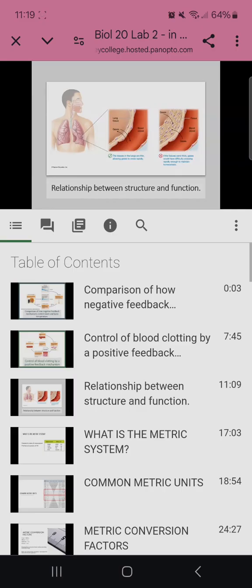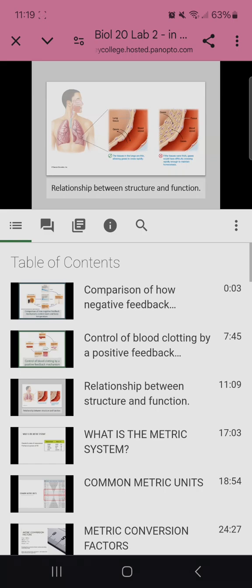But imagine if this tissue was made up of many layers, stratified, a thick layer, right? You can see from the image, it's trying to show us how the gas exchange is not going to happen, or it's not going to reach all the way because of that thick barrier, right?